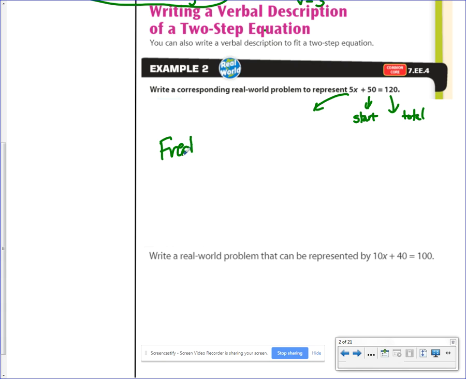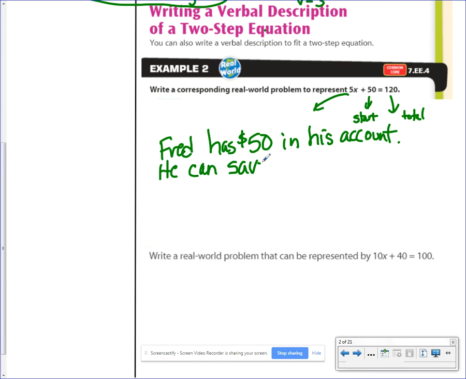Fred has $50 in his account. He knows with his budget that he can save $5 each week.